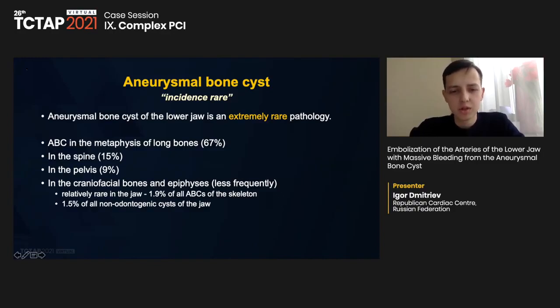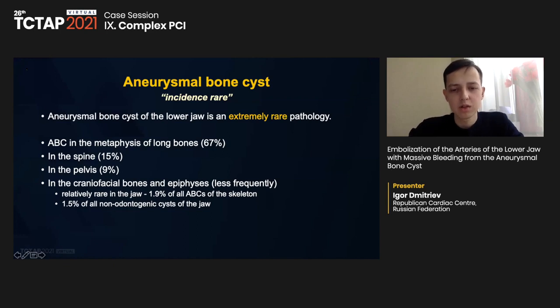By far the majority are present in the metaphysis of the long bones, about 6-7%. They also occur in the spine, 15%, particularly the posterior elements, and the pelvis, 9%, and less frequently they can appear in the craniofacial bone and epiphysis.